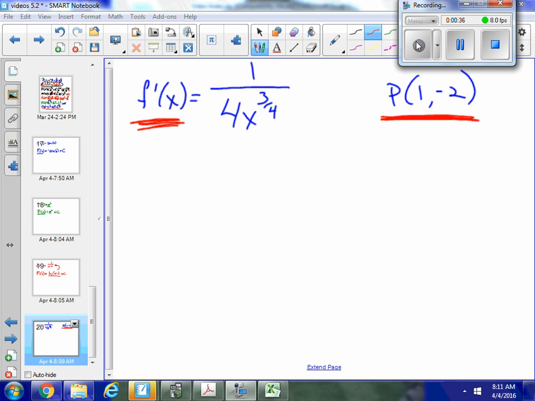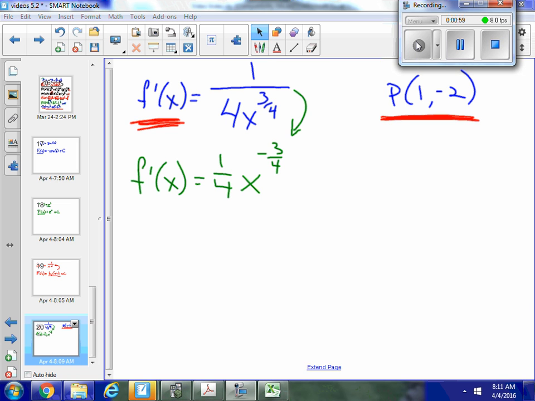So I'm going to start off by rewriting this. I'm going to call this f prime of x is equal to 1/4 x to the negative 3/4. Same thing. I just wrote it with a negative exponent and a constant coefficient.